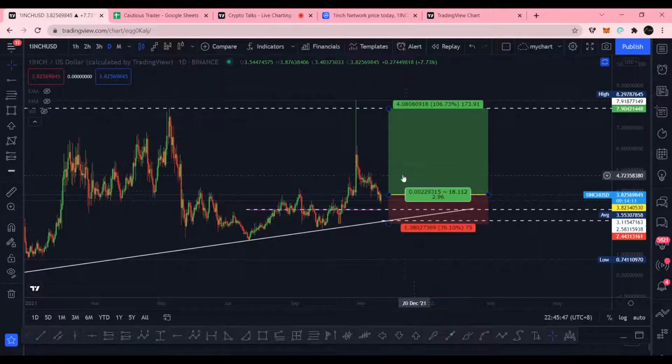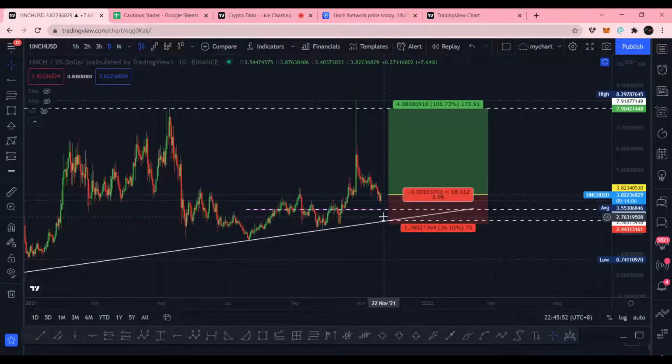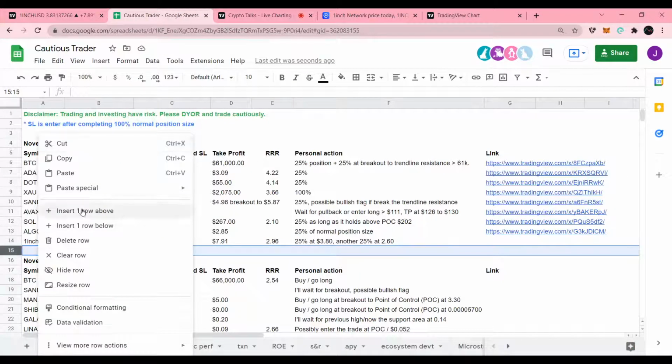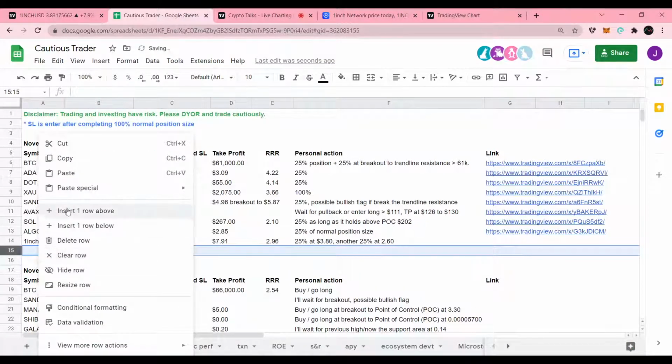So it should have been lower if there's an additional entry here. If it goes below 2.58, my stop loss will possibly be 2.44. So that's a possible risk reward of at least 2.96. Remember that I'm not making any transaction if the risk reward ratio is less than 2. I'm very particular with that.